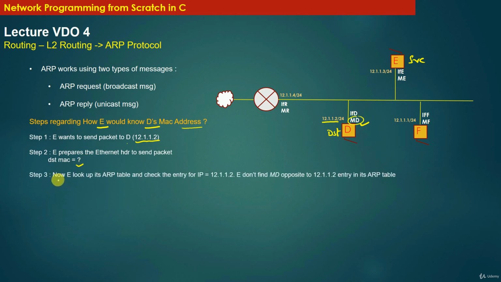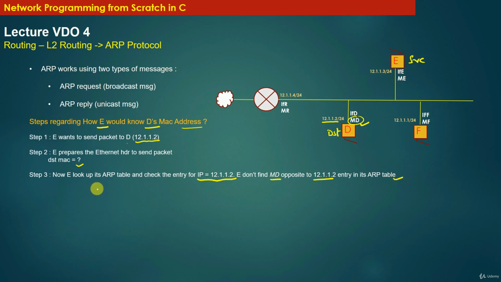So the next thing that the source machine E does is look up its ARP table and check for the entry corresponding to IP address 12.1.1.2. We assume that the ARP table of host machine E is empty, and therefore E does not find MD, that is the MAC address, opposite to the 12.1.1.2 entry in its ARP table.